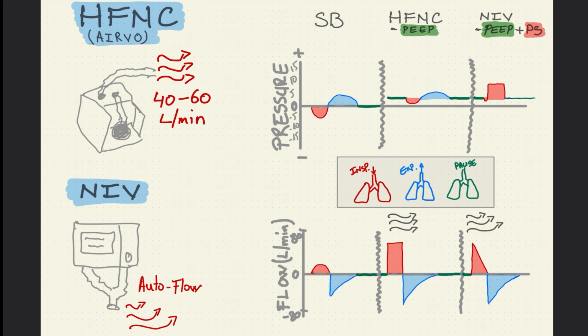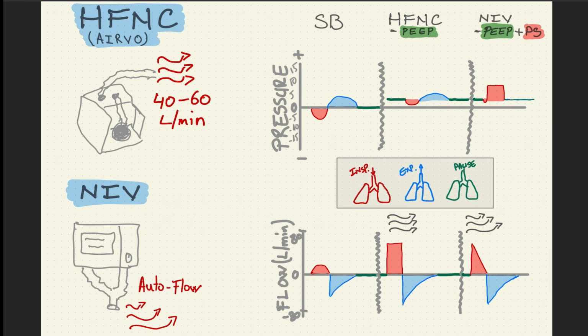Why? Because as the machine senses the inspiration initiated by the patient, it starts increasing the amount of flow of air, which generates a positive inspiratory pressure. This positive inspiratory pressure is termed pressure support and can be set by the operator. Remember, air will always flow from a positive pressure to a negative pressure.